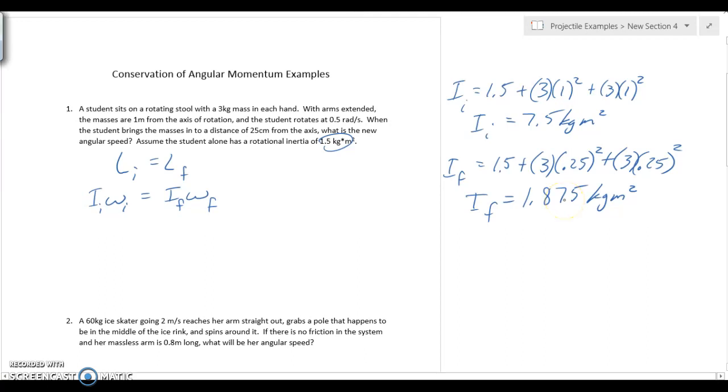So we know that the student will be spinning faster. Let's go back over here. Our initial rotational inertia, 7.5. The initial angular speed, we're given 0.5 radians per second. The final inertia, 1.875, and then we're looking for that final rotational speed.